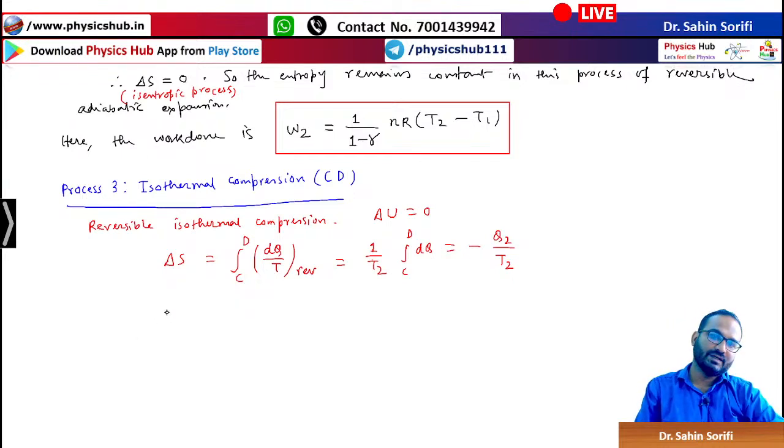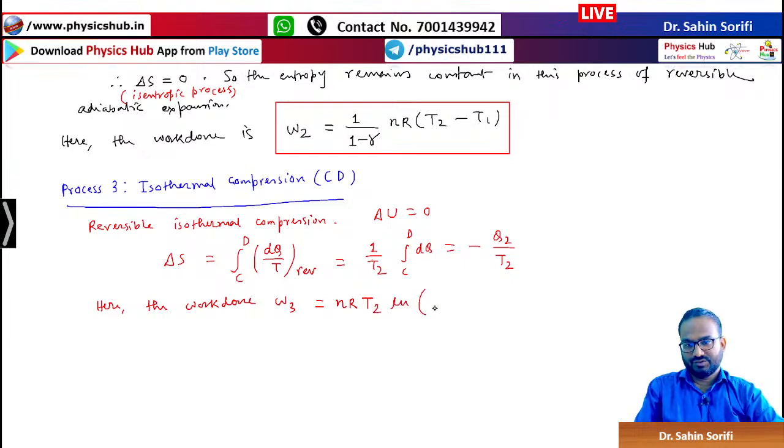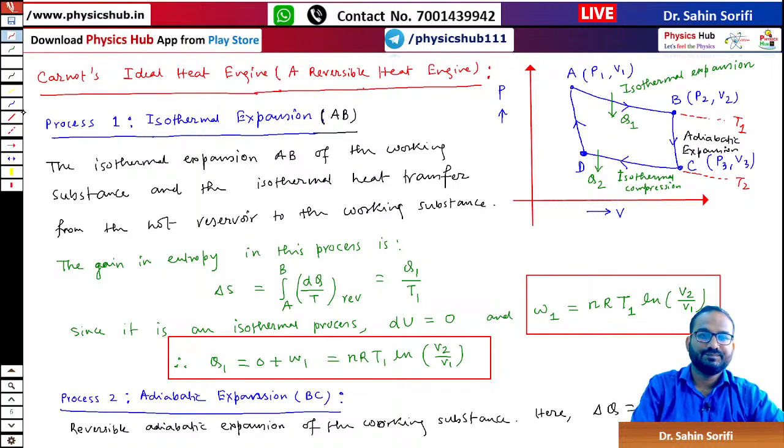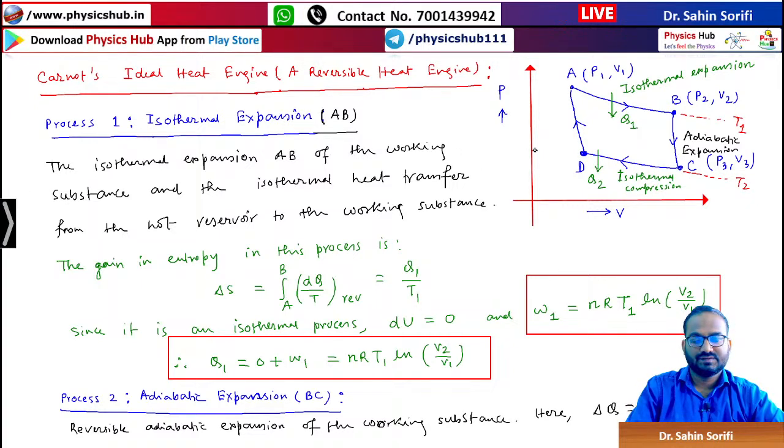So what will be the work done? Let us say W3 for the third process, it is an isothermal process. So nRT ln V2 by V1, where T is T2 here. As you can see, we have taken P1, V1, P2, V2, P3, V3. Let us call this D, it has P4, V4.